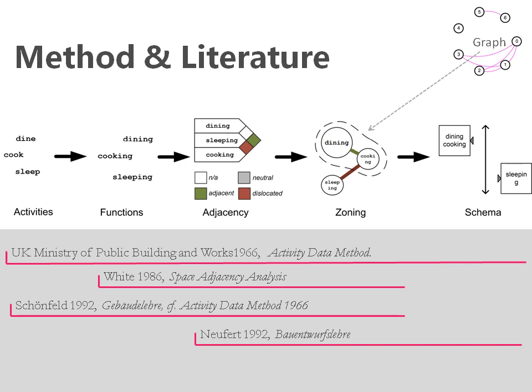This is a zone, the rectangle around dining and cooking. Putting two functions into the same zone because they're attracted to each other or adjacent is called zoning. And every function that is by itself has its own zone. So sleeping ends up in its own zone.